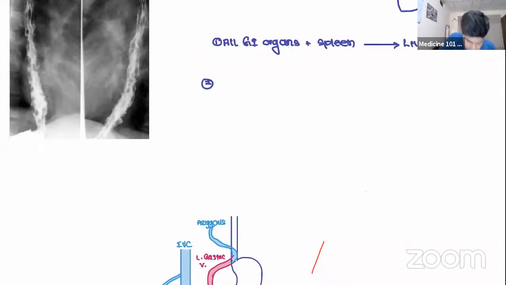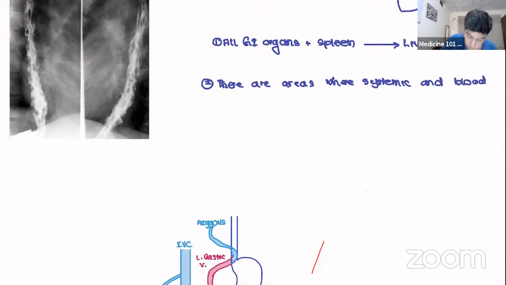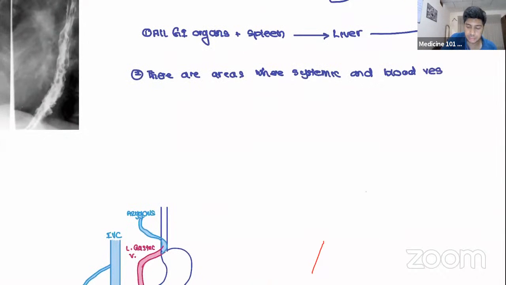But there are areas where systemic and portal blood vessels are connected. Let me explain this.